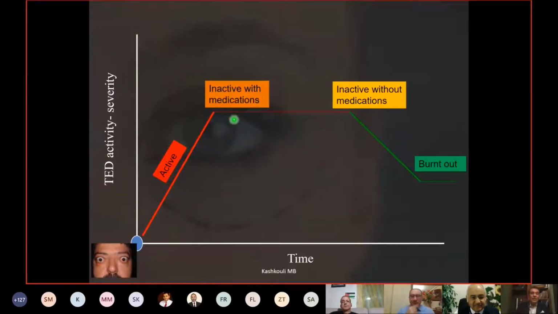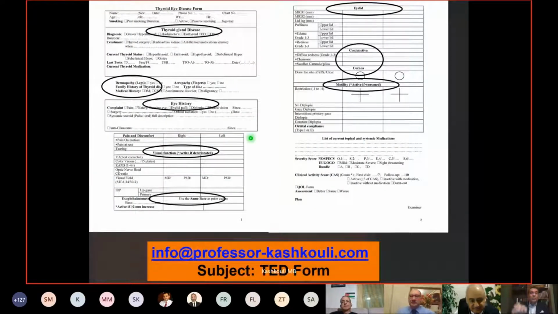How can we understand where our patient is standing now? We need to document everything every time we see any patient with thyroid eye disease. That's why in our clinic, we have a form, as you see here, recording the thyroid gland disease situation, the other stigmata of the thyroid or Graves, eye history, visual function, proptosis, eyelid, ocular surface, ocular motility.